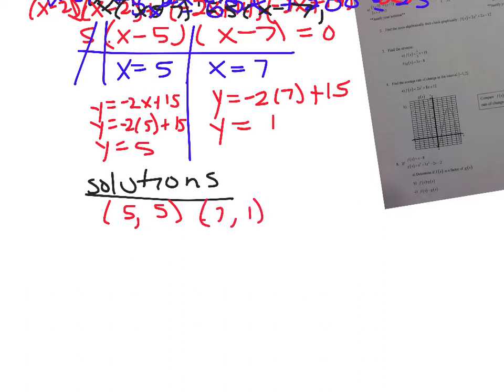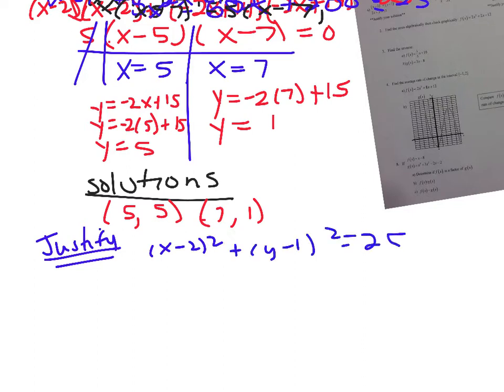All right, so now it says to justify. So justify would be to do a check and make sure that they both work. Okay, so I have 2 equations and 2 solutions. That means I have to have 4 checks. All right, so I'm going to plug it into the circle. So (x minus 2) squared plus (y minus 1) squared is equal to 25. So let's start with the circle. So (5 minus 2) squared plus (5 minus 1) squared equals 25.